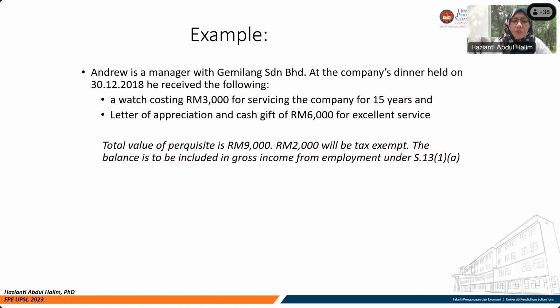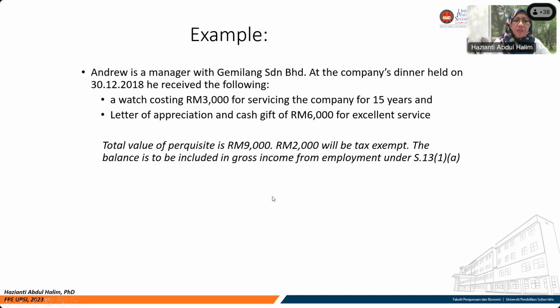The total perquisite, 3,000 plus 6,000, is 9,000. Going back to what we discussed, for long service award there is an exemption of 2,000 ringgit. So we total 3 plus 6, 9,000. 2,000 will be exempted. So the balance of 7,000 will be included under gross income from employment under section 13(1)(a).